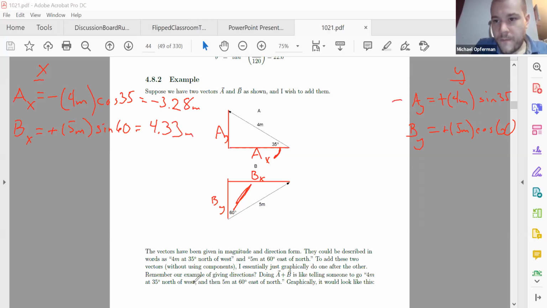Then over here, sine of 35 times 4 is 2.29. And cosine of 60 times 5 is 2.5.